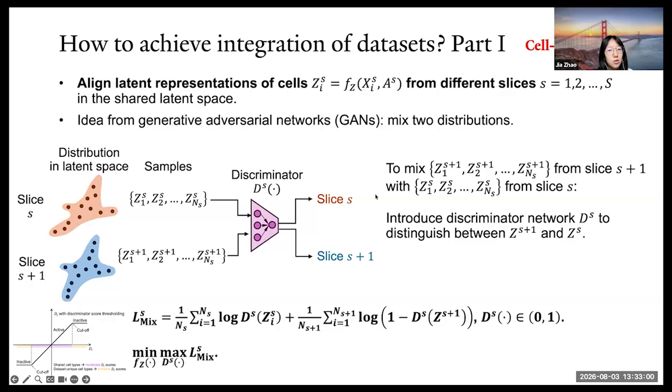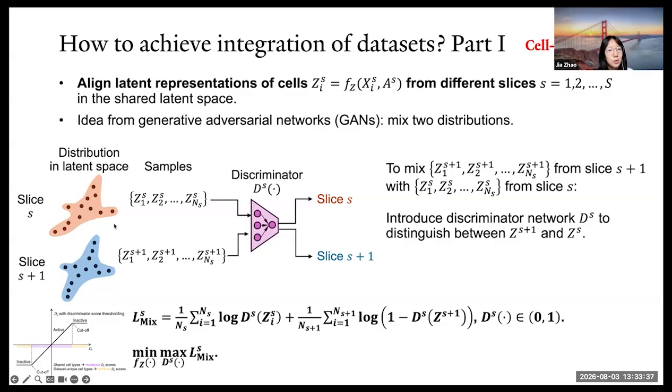Here we make use of generative adversarial training. Without going into too much detail, I want to introduce the basic idea. Given samples from two distributions, we want to align them together. We introduce a discriminator to tell the differences between them, and those signals reversely supervise the encoders to mix the two distributions together.